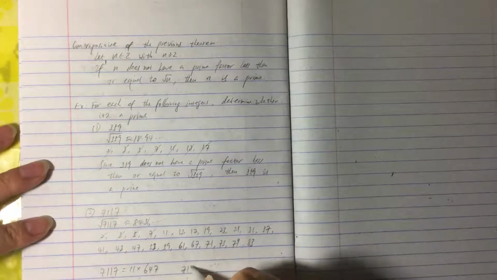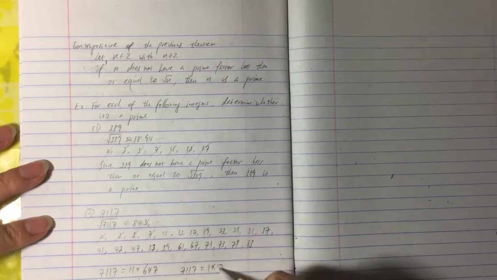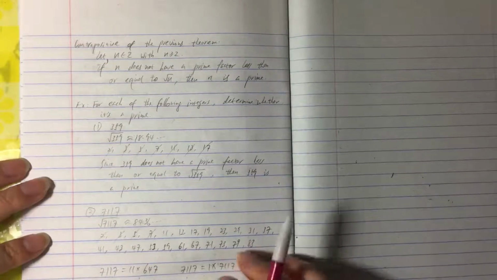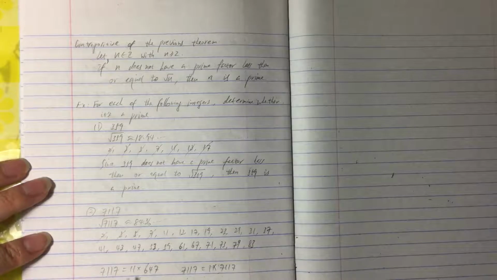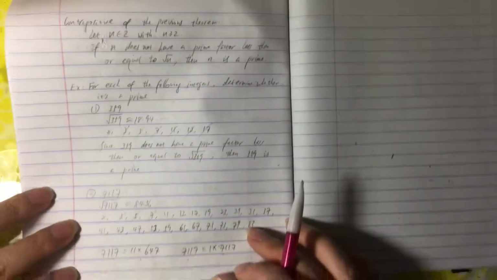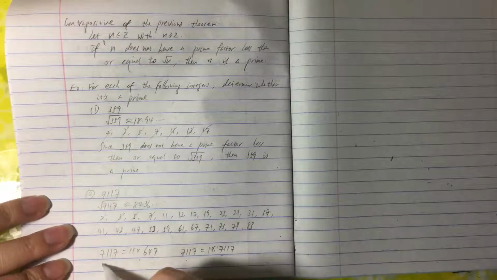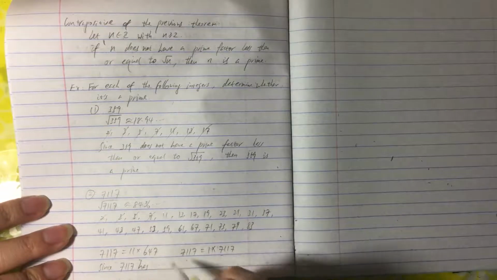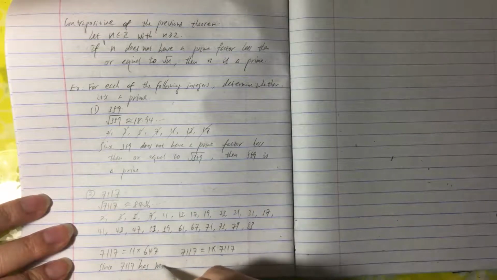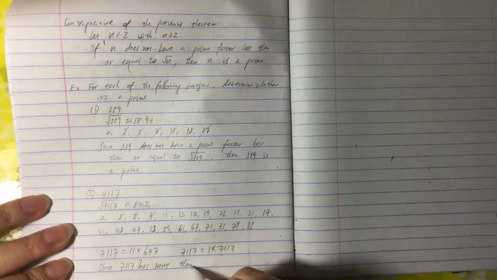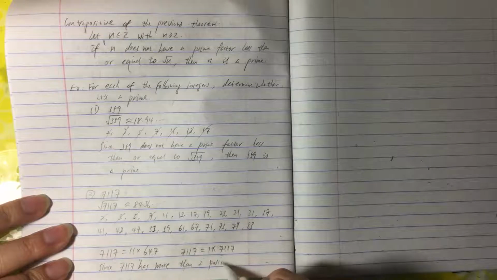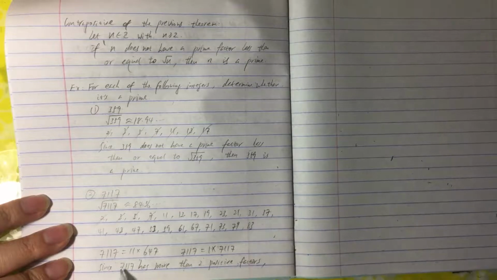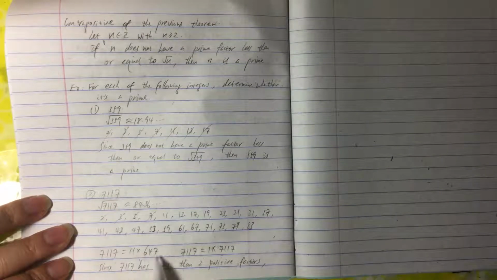Since 7,117 can also be written as 1 times itself, this number 7,117 has at least 4 positive factors.